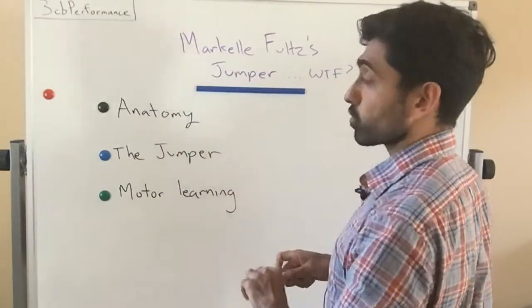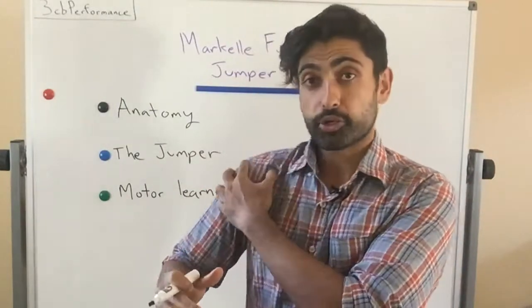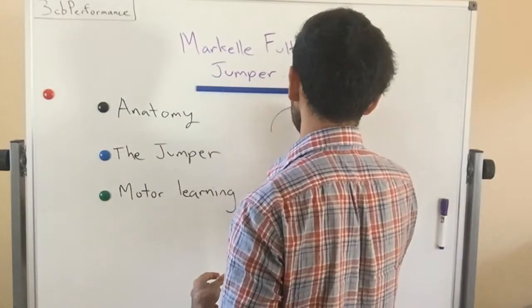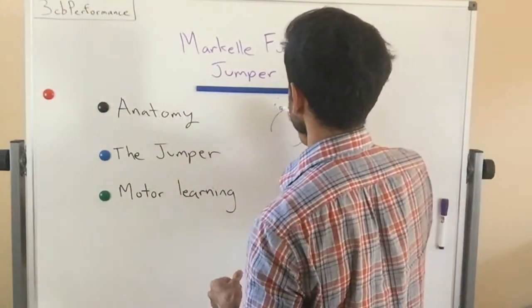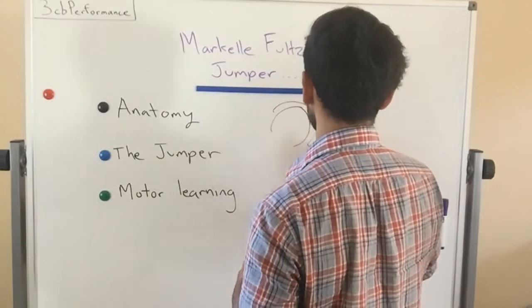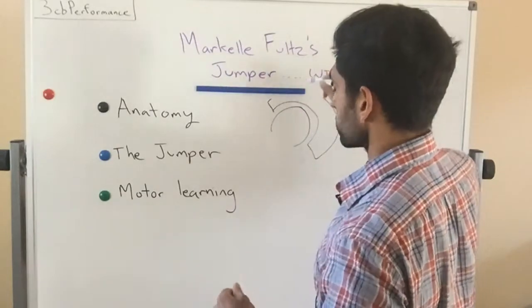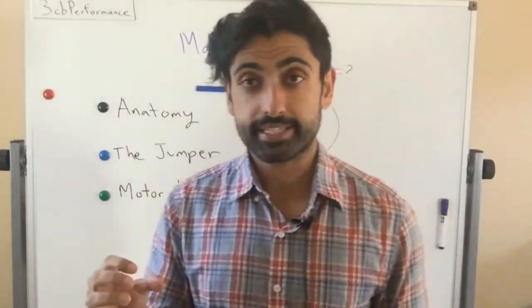Your shoulder joint is a ball and socket joint. The head of the humerus, your upper arm, goes into the socket of your shoulder joint. Imagine that's the socket, and then you have all these other structures in there. It's a very, very tight space.